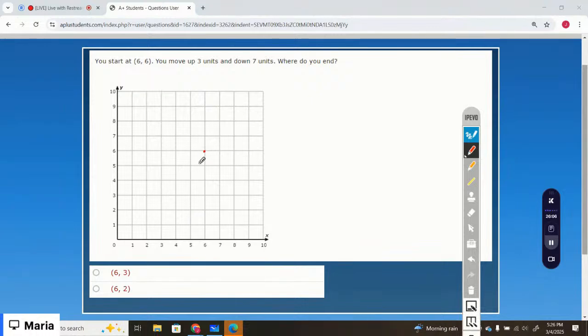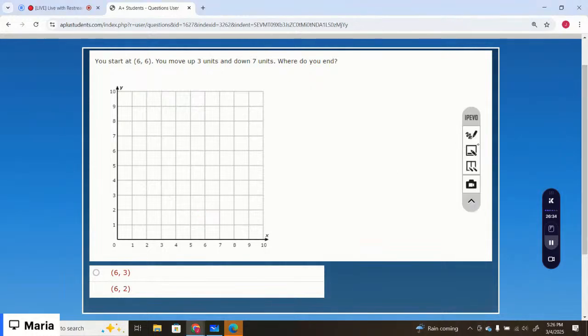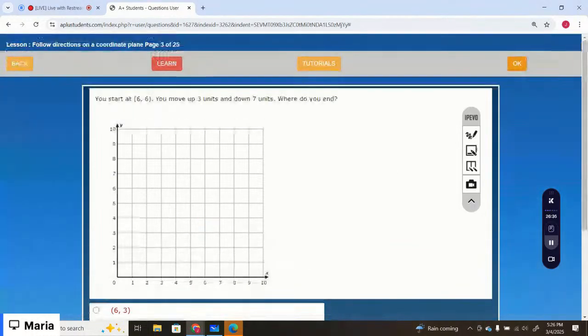Here is the point you started with. You move up 3 units: 1, 2, 3, and down 7 units: 1, 2, 3, 4, 5, 6, 7. So you end up on 6 and 2. Option number 2 is the correct option.